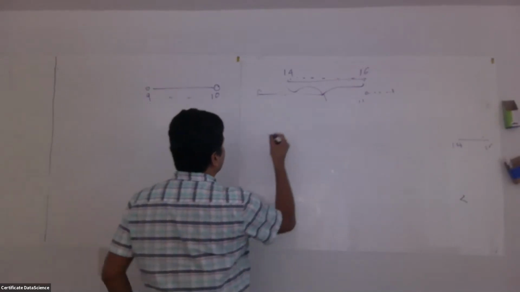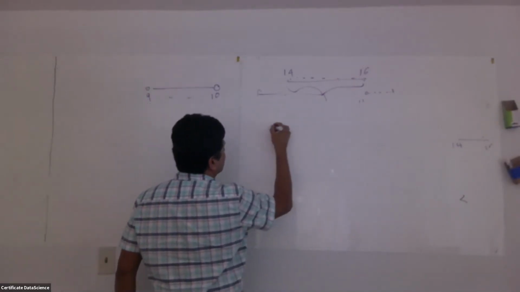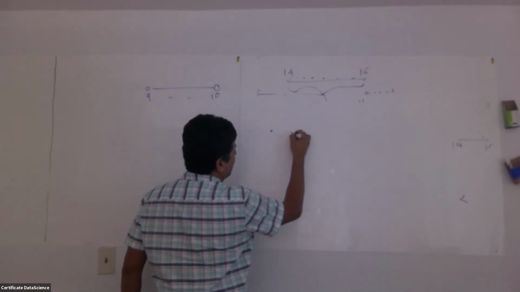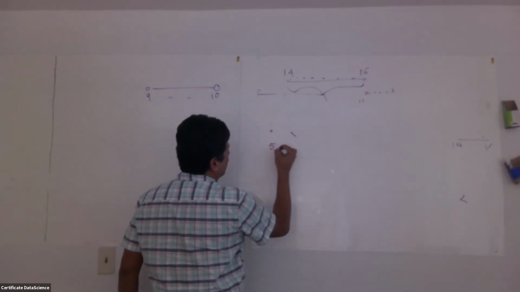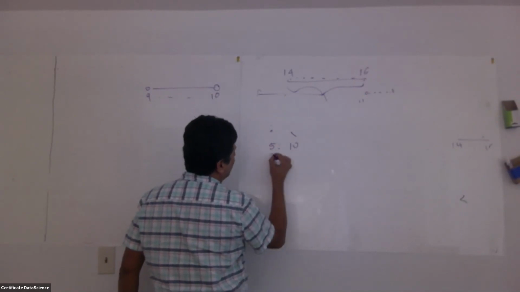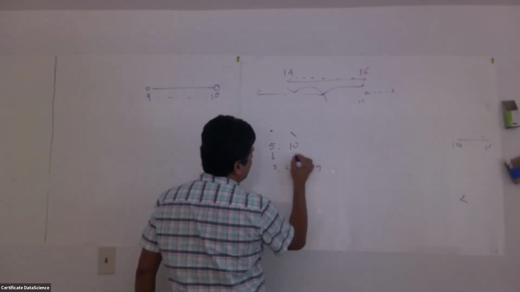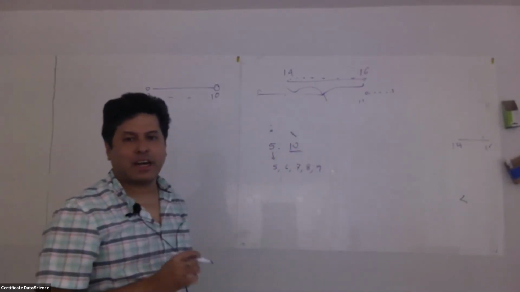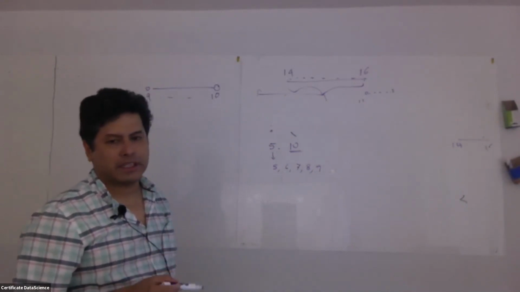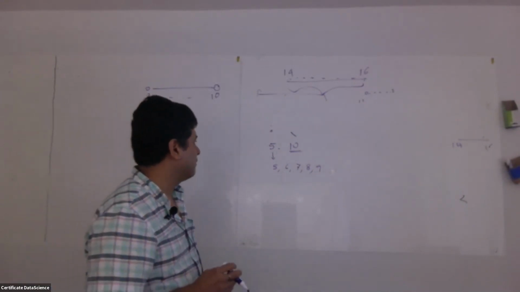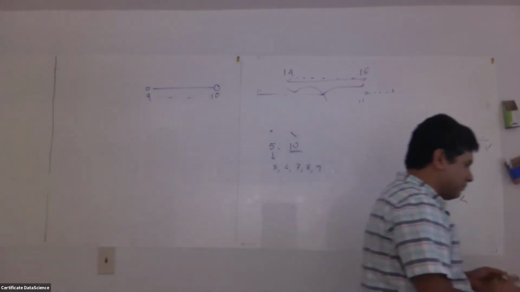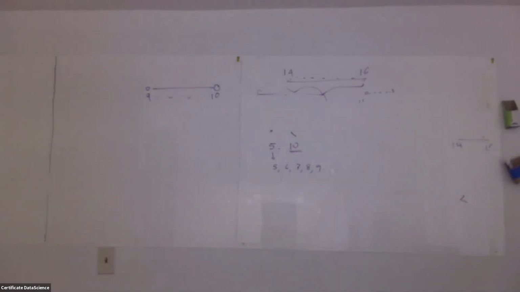In Python, when you do any kind of operation that has a colon, say 5 colon 10, it always means start with 5, then 6, 7, 8, 9. It's exclusive. The right-hand side of the colon is always excluded.